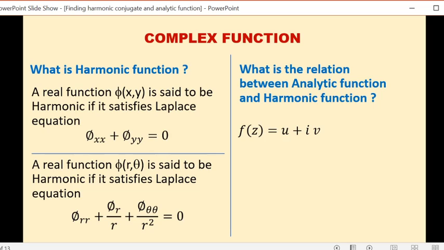Now this V, is it a real function or a complex function? It's a real function. Did we understand it? Yes. So what we see here is f of z is a complex function. उसका real part, that is u, is a real function. उसका imaginary part, that is v, is a real function.